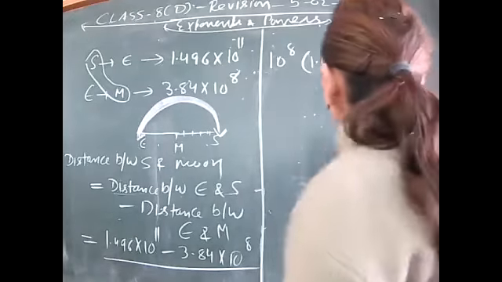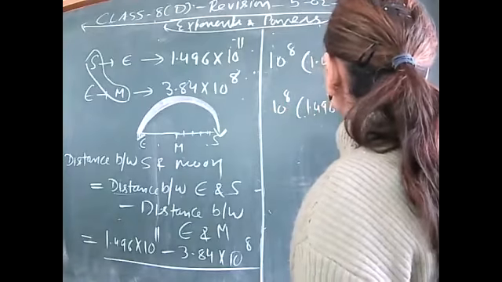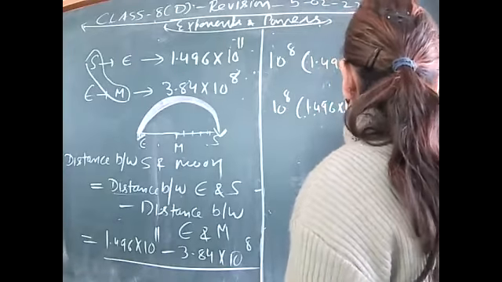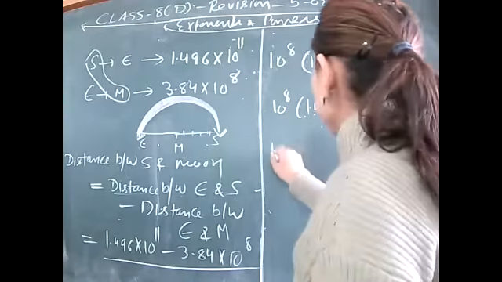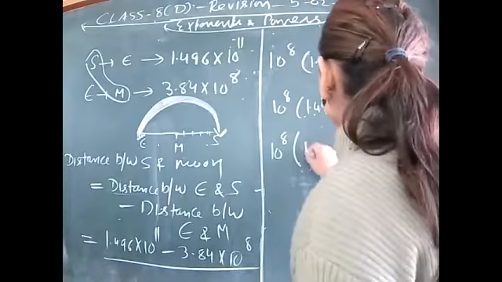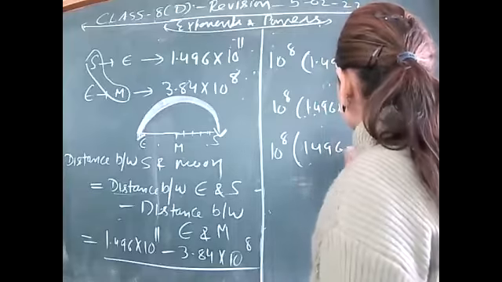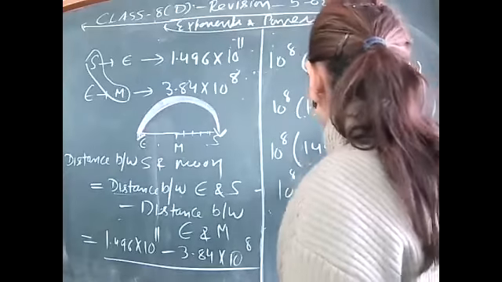Solving it further, you will be having 10 raised to power 8, 1.496 multiplied by 1000 minus 3.84. So 10 raised to power 8, multiplying these two, you will be getting 1496 minus 3.84. Now doing subtraction.